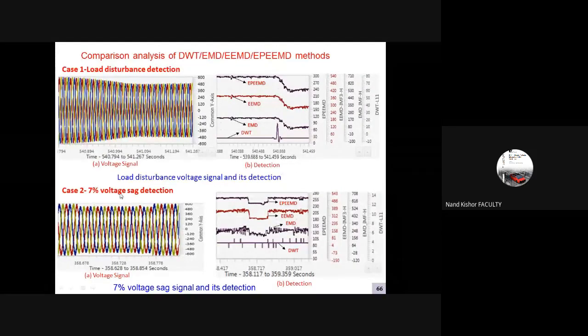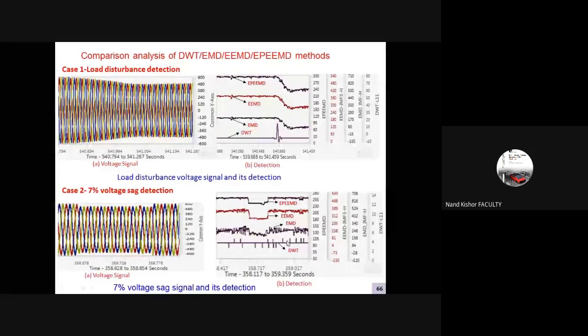Same way for the 7% voltage sag here. You can see that the discrete wavelet transform fails to detect the period of the sag. The conventional EMD is not so accurate in the detection.